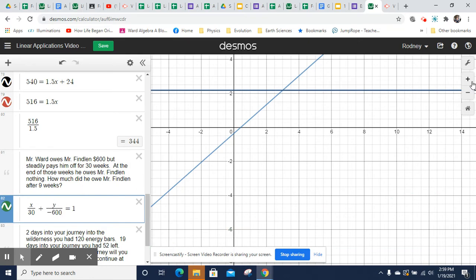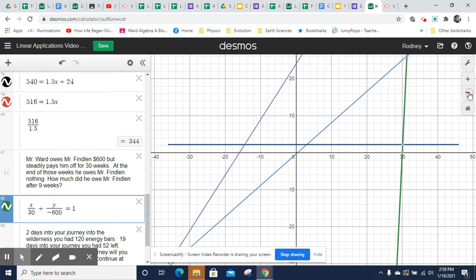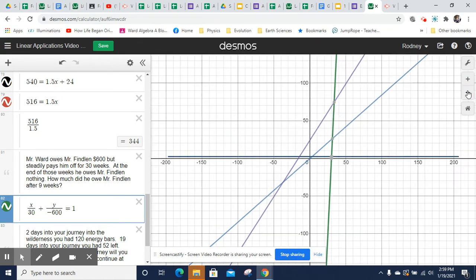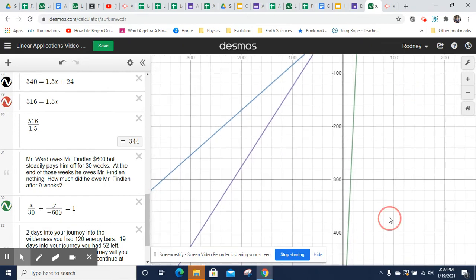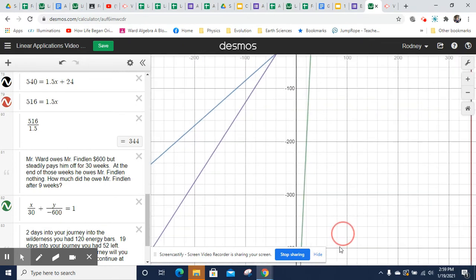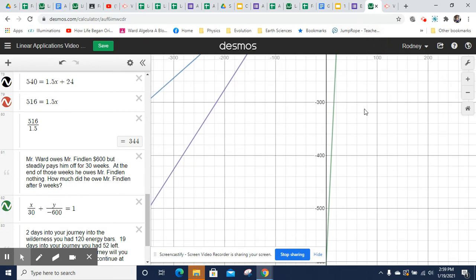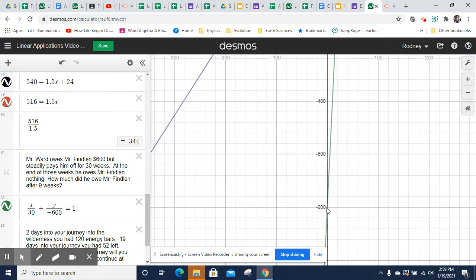Now I'll have to zoom out a bit to see that graph. There it is. It's this green one. I'm going to zoom out a lot to get to where the y-intercept is. And there's the x-intercept when I get to $0 right there, 30 weeks and $0, and 0 weeks and negative 600.